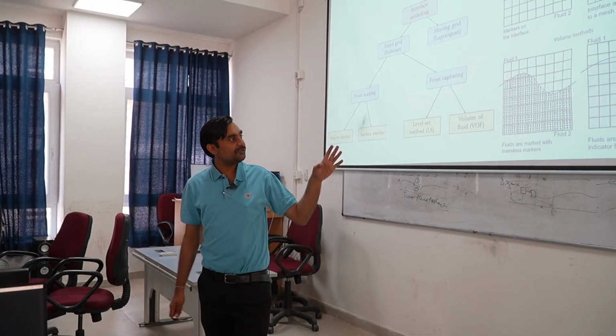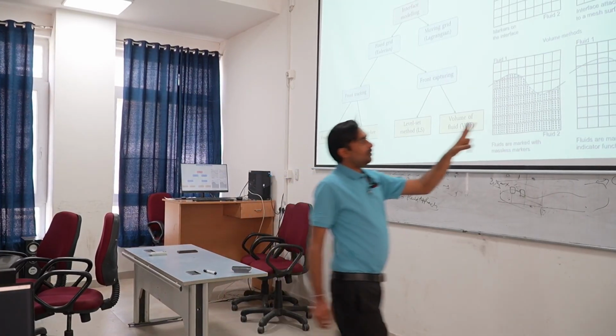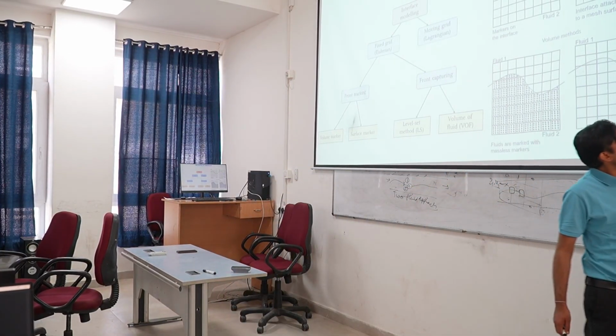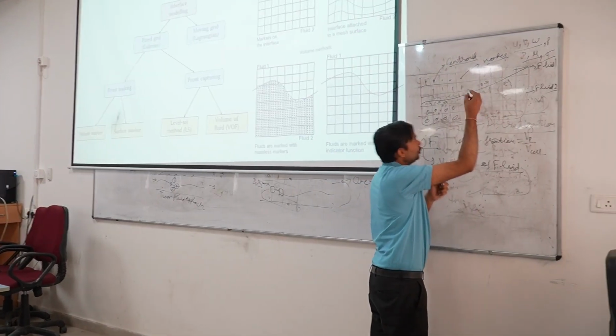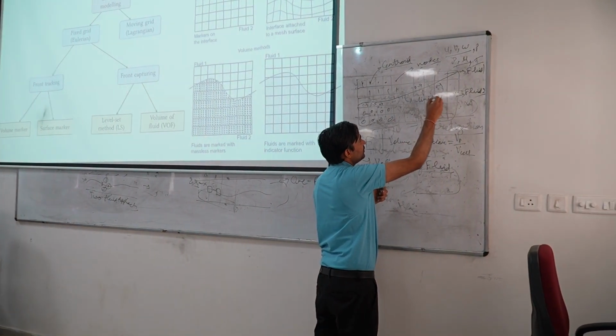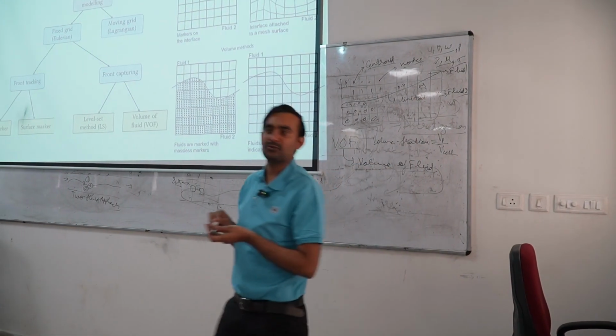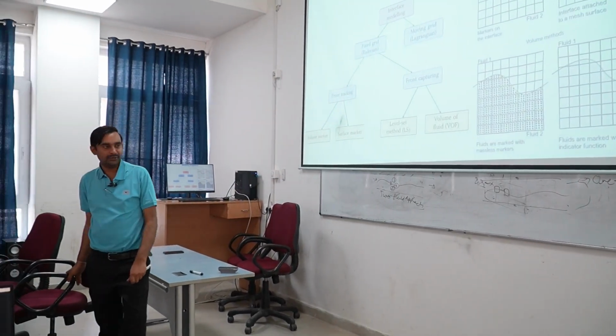So, in this way, we are able to calculate the value of volume fraction, and this configuration of the interface was known to me because I have initialized this interface at time t equal to 0. When I use the word initialized, it means I am defining it at t equal to 0.